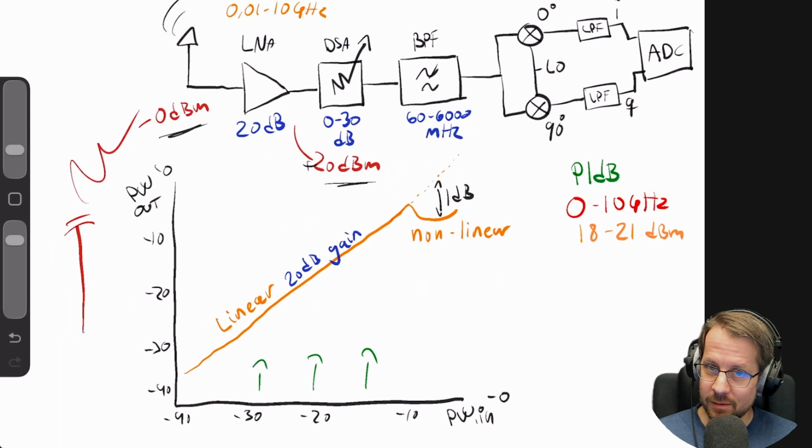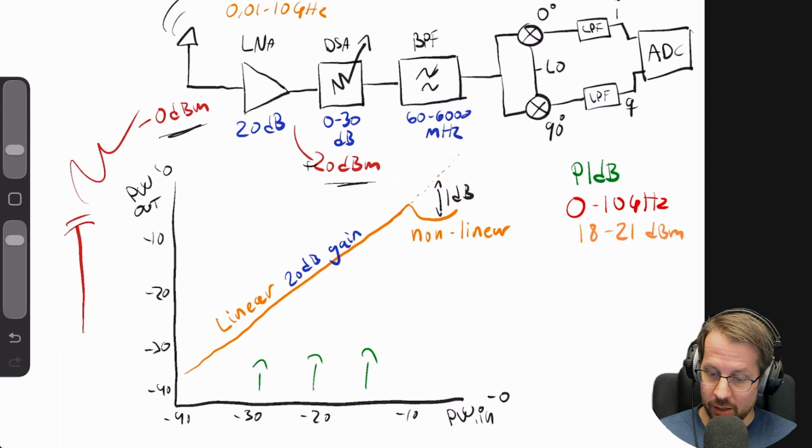That means if the output after gain from your amplifier reaches the value for compression, it will start to produce harmonics and intermodulated products, because you are now overloading your amplifier, right?